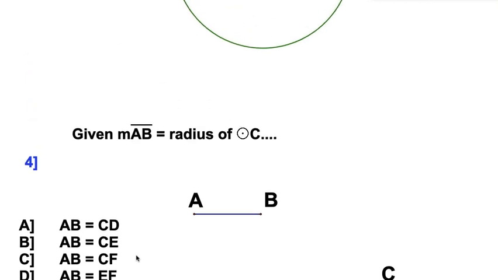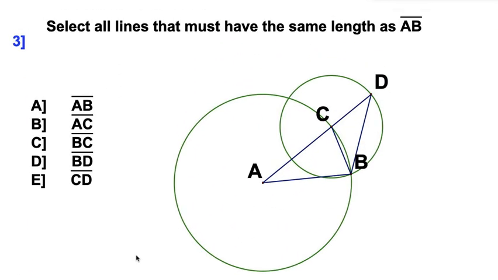Number 3 is up here. Select all the lines that must have the same length as AB. Well, again, AB is over here. This is AB. That looks like the same distance there. I'm okay with that. Now the other ones, do we know if they're longer or shorter?